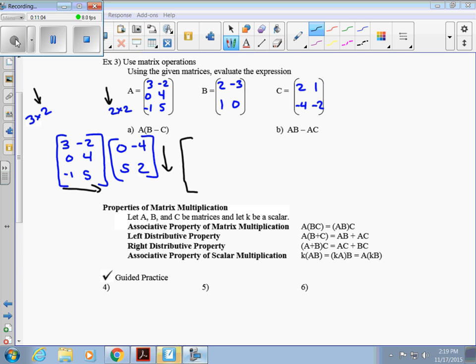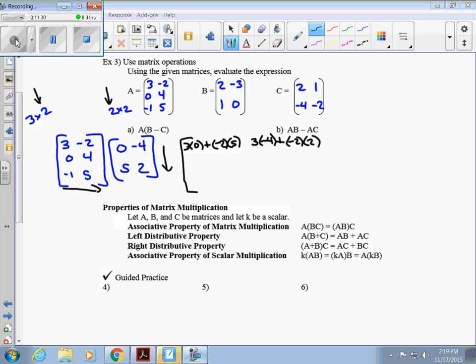So we're going to go row 1 and column 1. So it's going to be 3 times 0 plus negative 2 times 5. And then 3 times negative 4 plus negative 2 times 2.